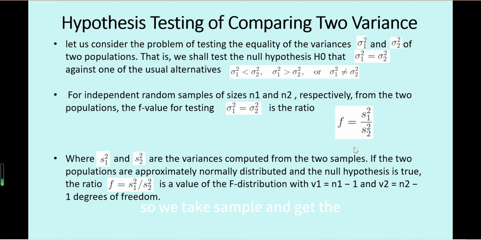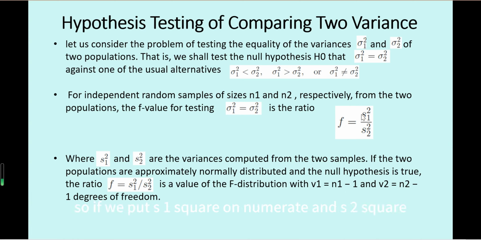So we take samples, get the variances from these two samples, and take the ratio to get this test statistic. This follows the so-called F distribution with n1-1 and n2-1 degrees of freedom. So the F distribution has 2 degrees of freedom.